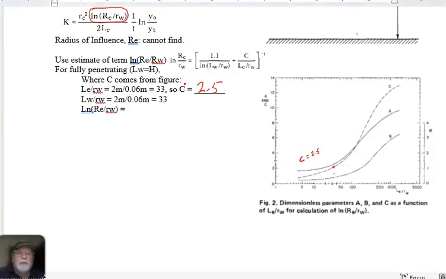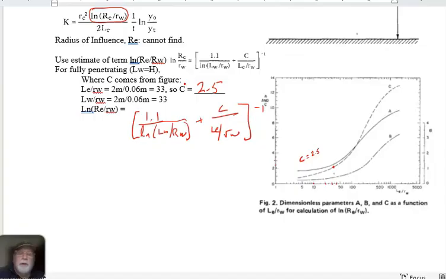All right. So the log of RE over RW equals, brackets, 1.1 over the log of LW over RW. I'm going to write it out here. Plus C over LE over RW, and that whole thing to the minus 1.